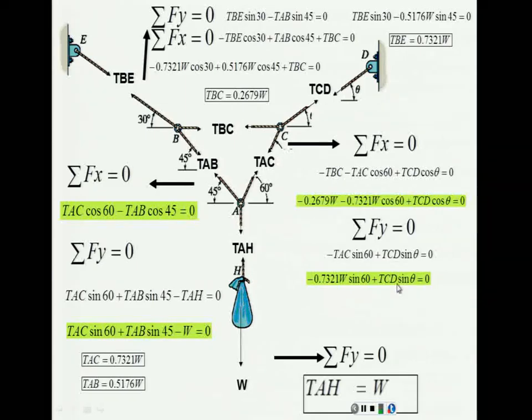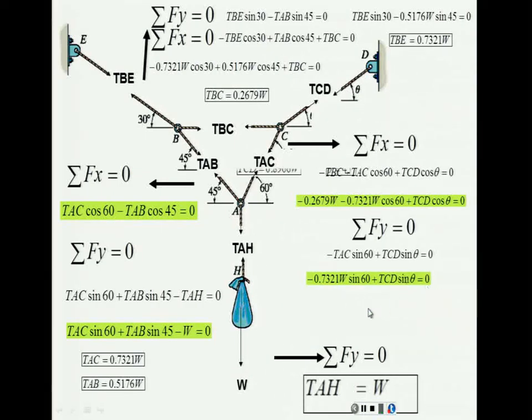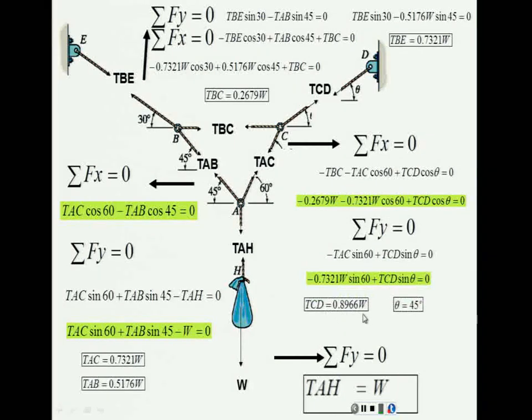Then I can divide this by this. If I do that, term by term, of course, TCD and TCD cancel out, and sine divided by cosine is tangent. So I have an equation that is going to allow me to calculate tangent theta, because the W's are going to cancel also, and I can calculate the angle. Once I know the angle, I just plug it into here, and I can calculate TCD in terms of W.